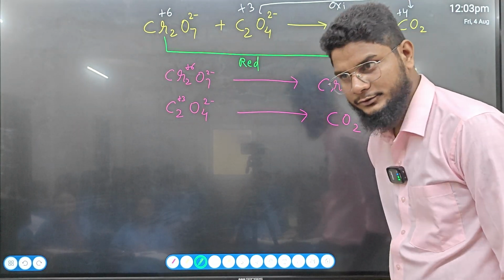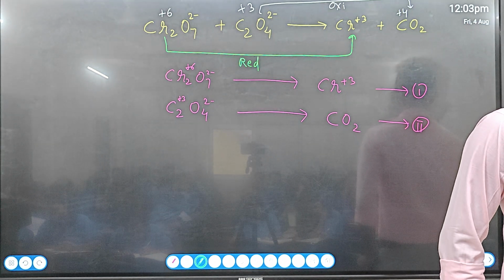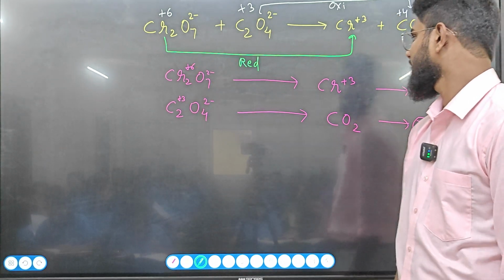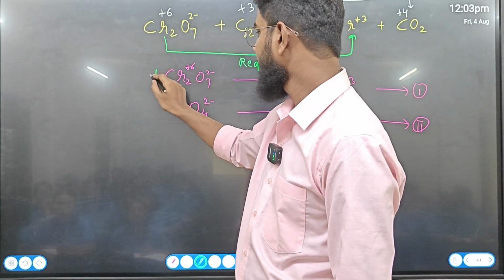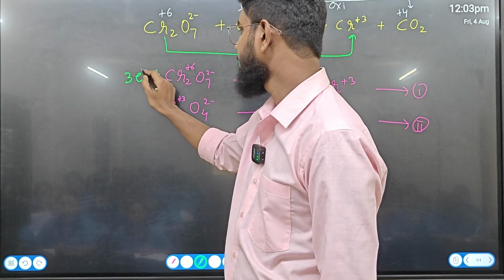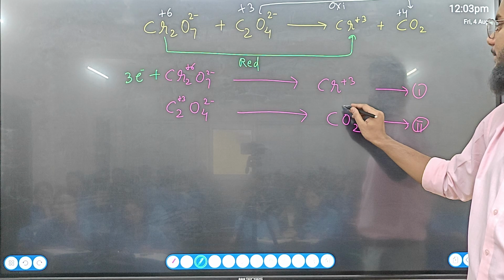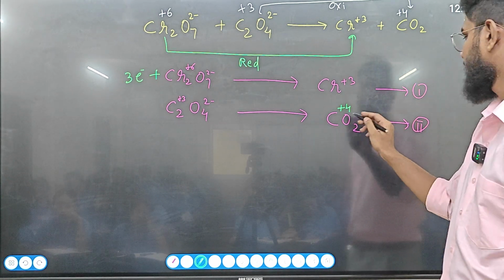What you need to do here? You have to balance the charge. Here you have plus 6, here you have plus 3. So you have to add 3 electrons, right? And here plus 3 and here plus 4, so you have to add 1 electron this side.